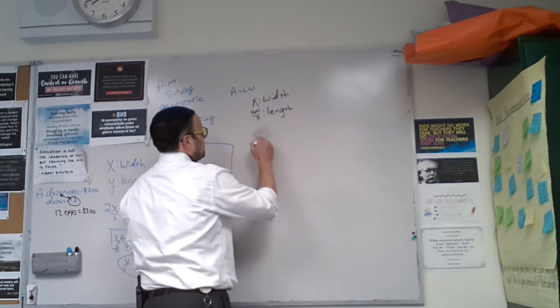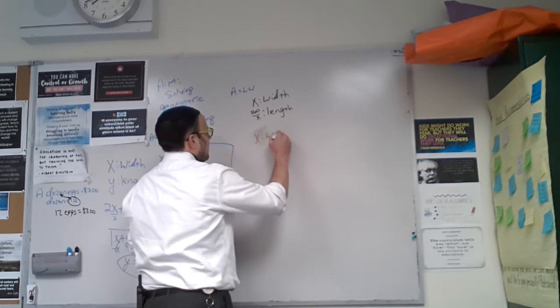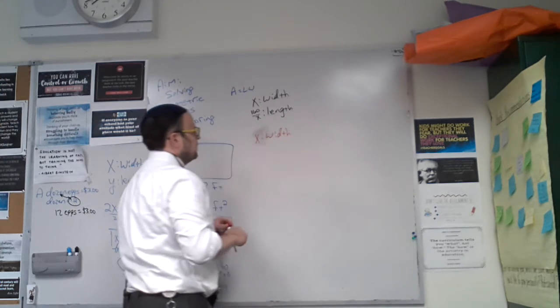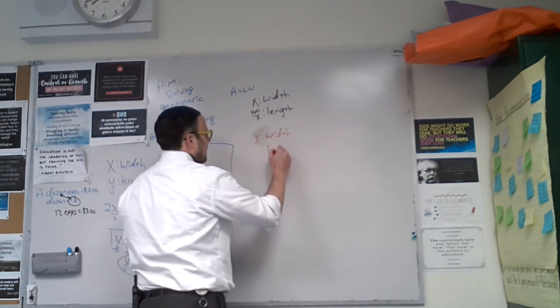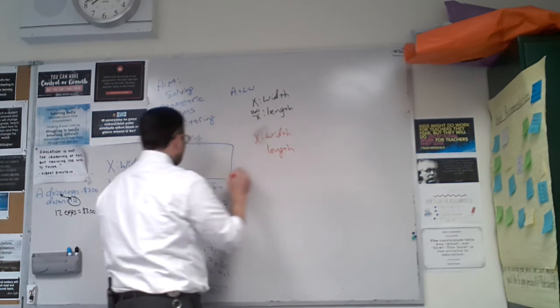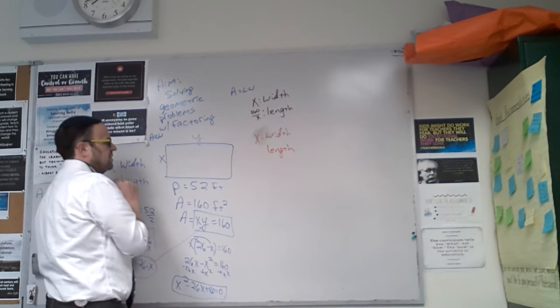That's one option. For those of you that don't want to have to deal with this fraction, that's fine. Still one more option of how to set this up. X equals the width. So what's the length? That's using perimeter.